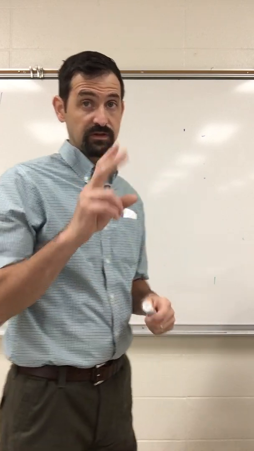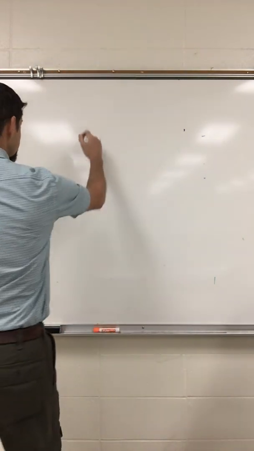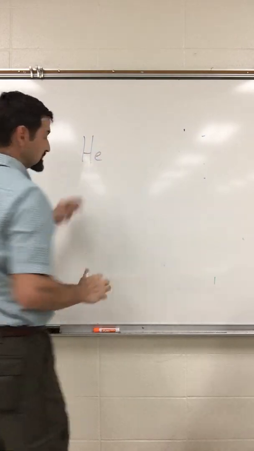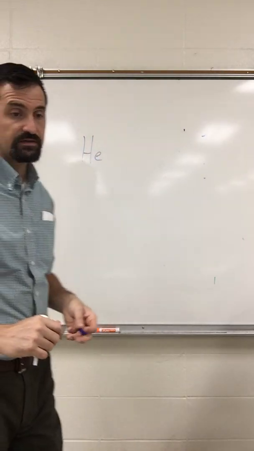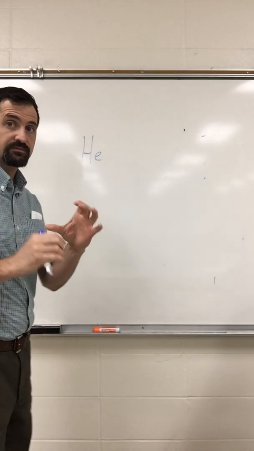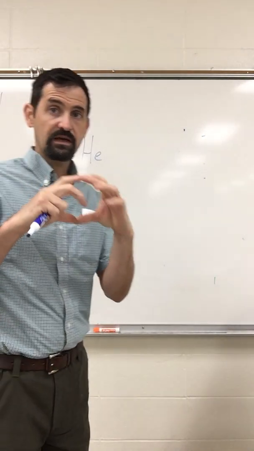So for a basic atom, let's do helium, which is number 2 on the periodic table. Its atomic symbol is He for helium, and that atom itself is made up of smaller subatomic particles.